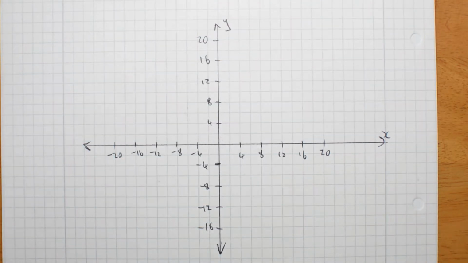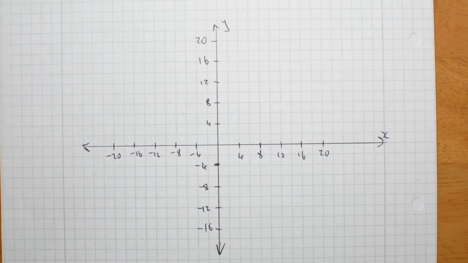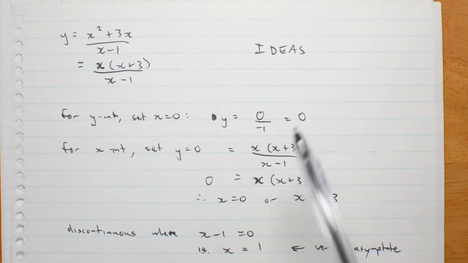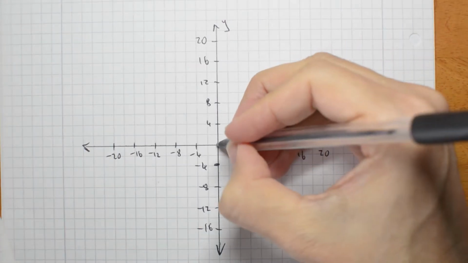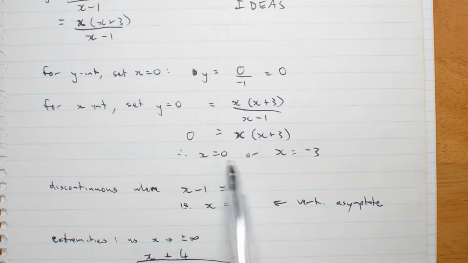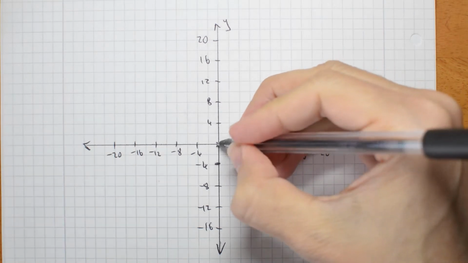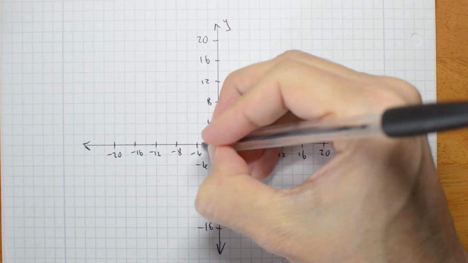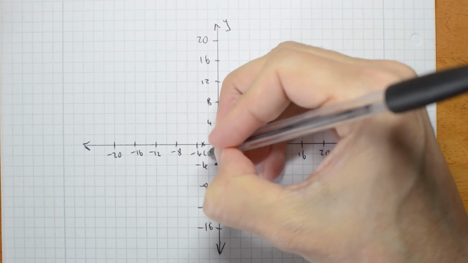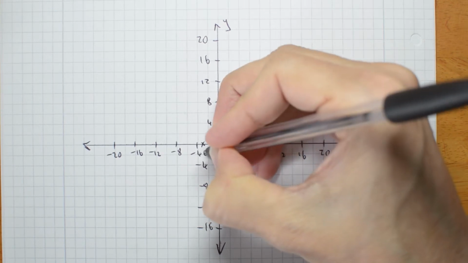Alright, I haven't gone quite as far on my scale as I did last time. I think this should be enough for us. Let's have a go. Y-intercept in the origin. X-intercepts at 0 and -3. We already knew that one. And this one, -3, 0.